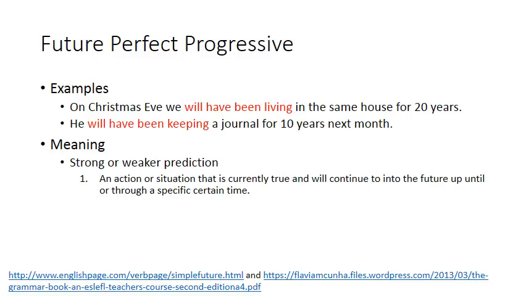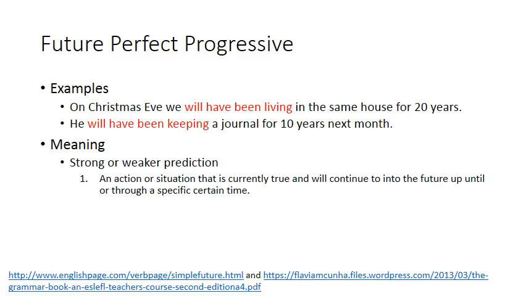Okay, so what this means is an action or situation that's currently true, that's true right now, and will continue to be true into the future up to a certain time or through a certain time. The difference between up to, until, means that it's going to stop, and through means it's going to continue.